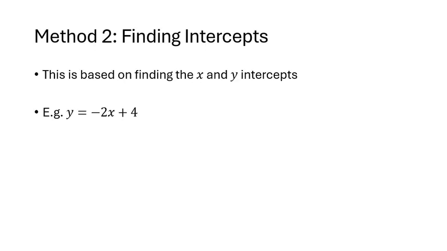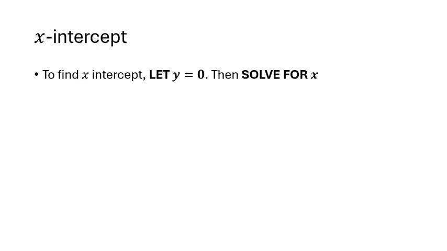So let's just go through it now. Just remember, you're basing this off finding the x and the y-intercepts right here. So let's start off with that. To find the x-intercept, you're going to let y equal 0. So that means substitute y equals 0, and then you solve for x. So let's just do that right now. y equals negative 2x plus 4. Let's substitute y equals 0. And now we're just going to solve for x.